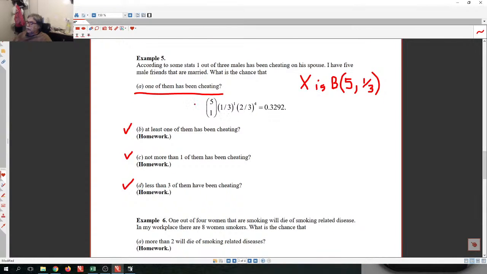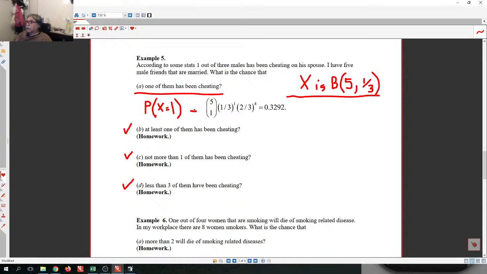Okay, so again, one of them has been cheating. So we identified that the number of cheaters is a binomial random variable, with the number of trials being 5 people, and the probability of success, cheating on any given trial, is 1/3. Okay, so we were asking, what is the probability that X is equal to 1?